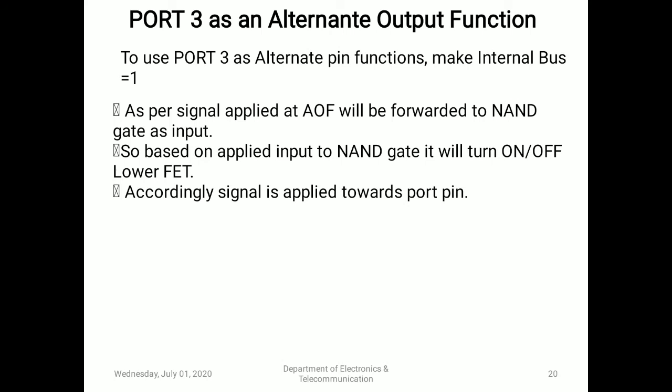After that we consider the alternate pin function related to port 3. For this purpose, one basic condition, make a star mark for this line, that is port 3. When we use alternate functions from port 3, you should make the internal bus 1.